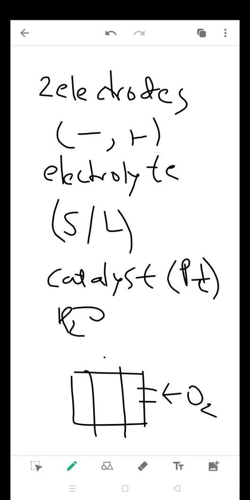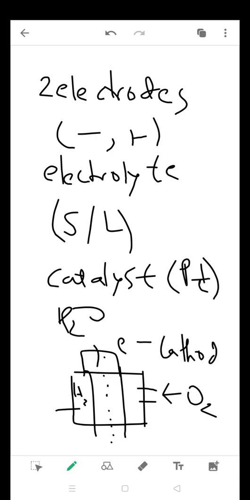Here is a barrier between the two electrodes, and here is where the hydrogen gas comes out, and whatever reactions take place, the electron flow takes place between the two electrodes. So this happens to be the cathode, which collects the electrons, and this happens to be the anode, where oxidation takes place. So this is the basic construction.